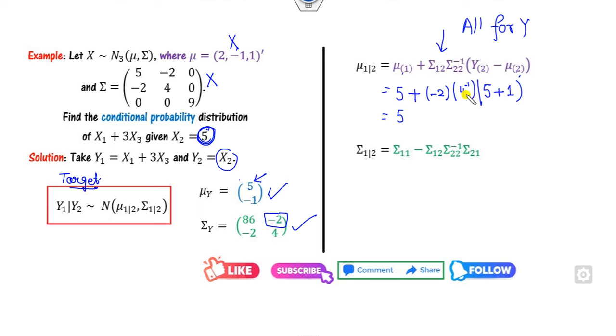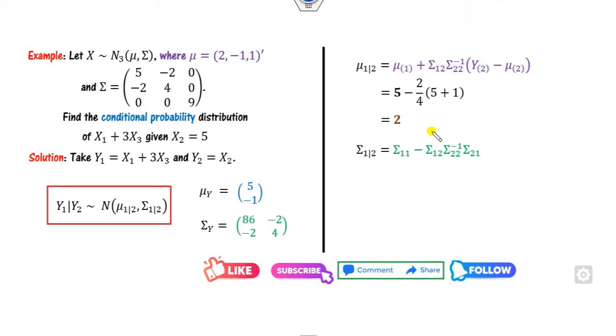Now you can solve this. It's minus 2 upon 4 into 6, which is minus 12 divided by 4, so minus 3. So 5 minus 3 is 2, the right answer for the mean.